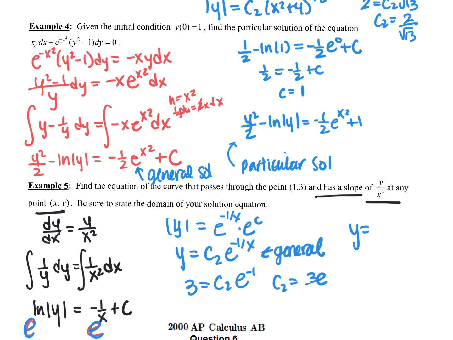You'll have 3 times e to the negative 1 over x as your particular solution.